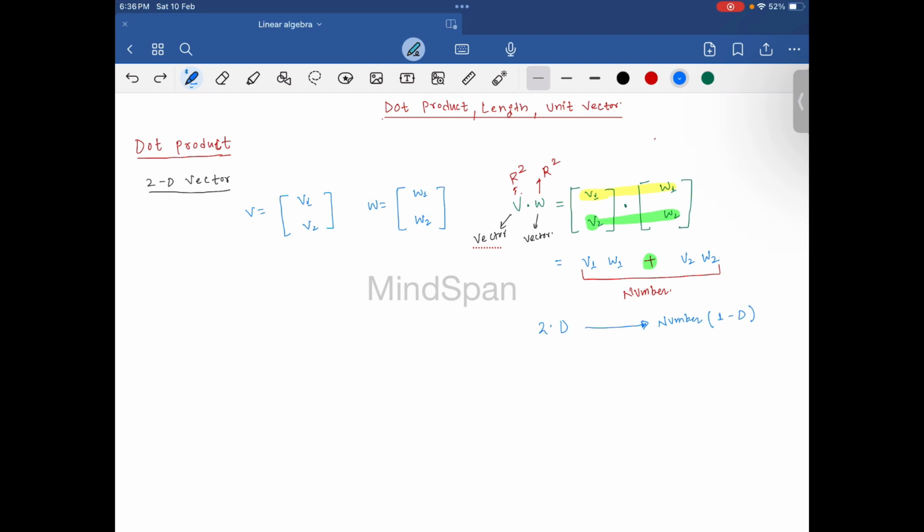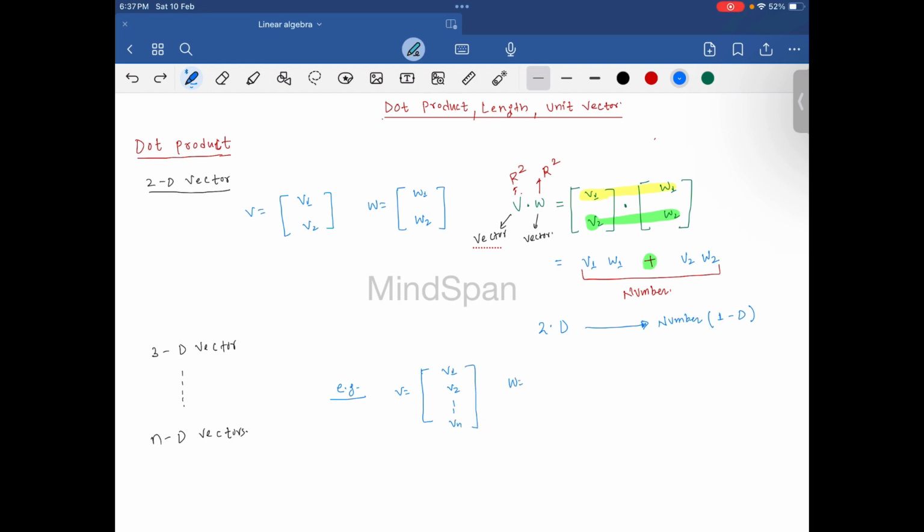We will not talk much about transformations in this video, but just keep this in mind. Now we can extend this idea to three-dimensional vectors, four-dimensional vectors, and n-dimensional vectors. Suppose we have an n-dimensional vector v. Obviously it will have n components, v1, v2, up to vn.